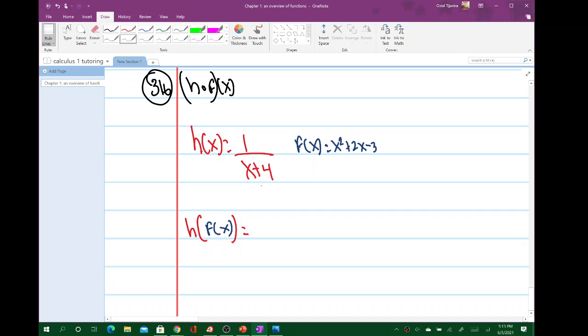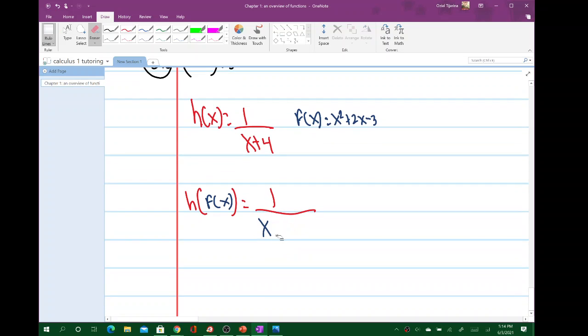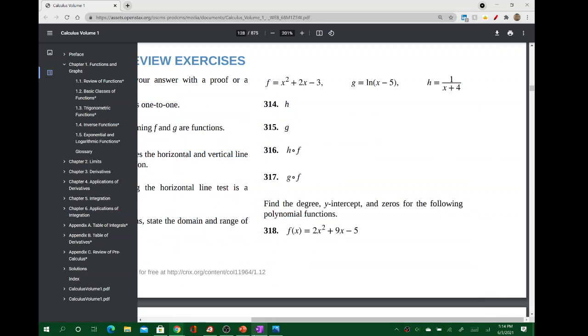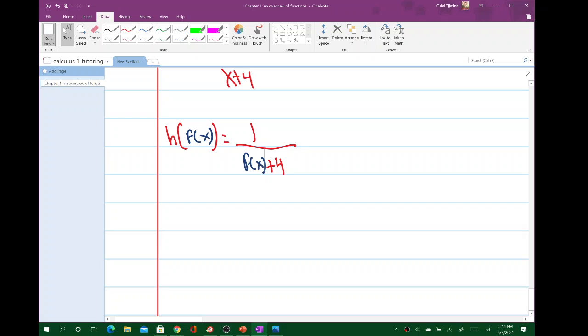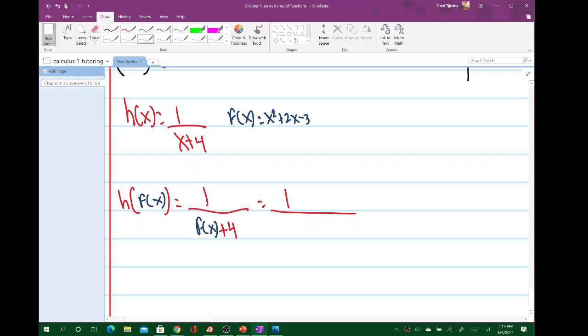So basically you're going to plug in f of x for all x. Basically you're going to do 1 over, and f of x is x squared plus 2x minus 3, so you're going to do x squared plus 2x minus 3, and then add 4.